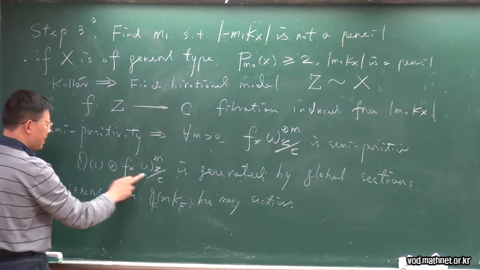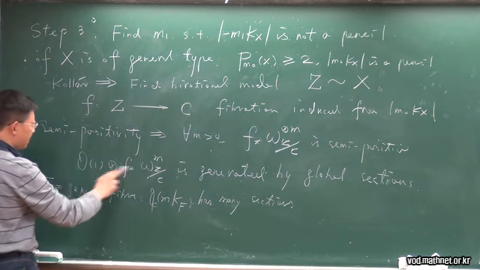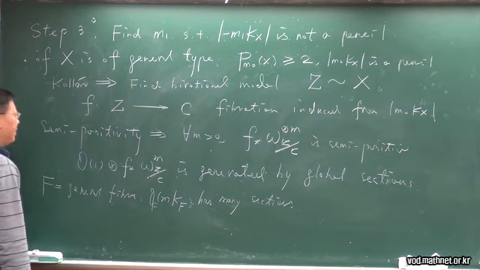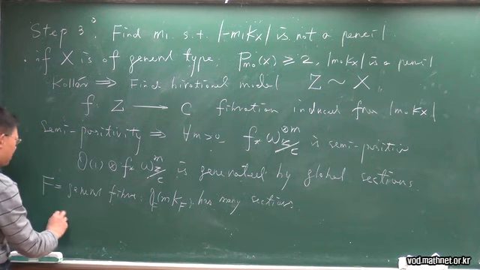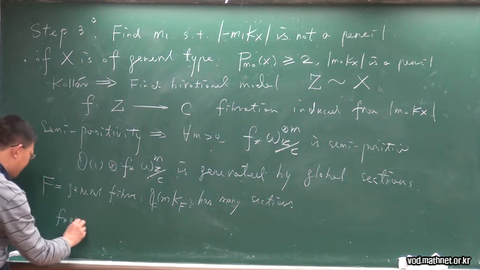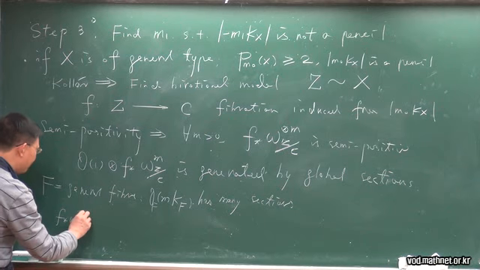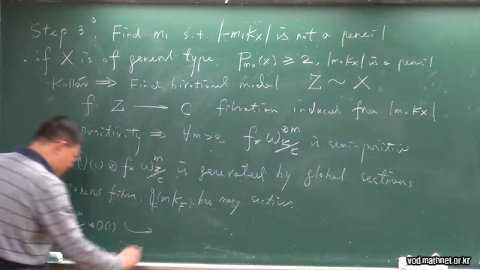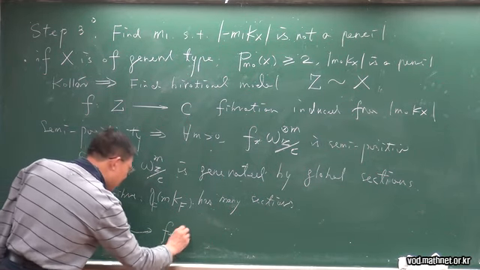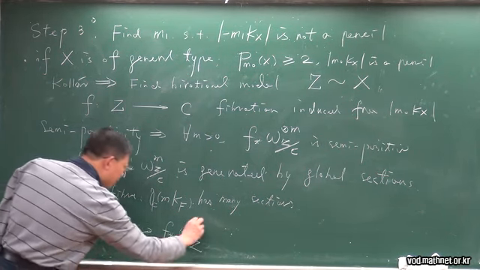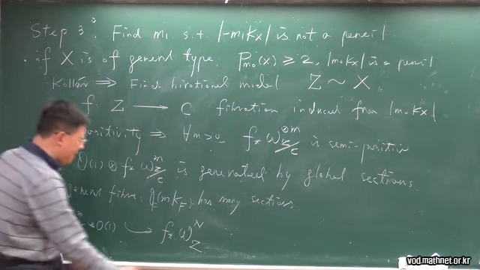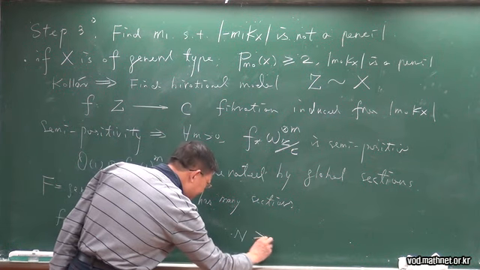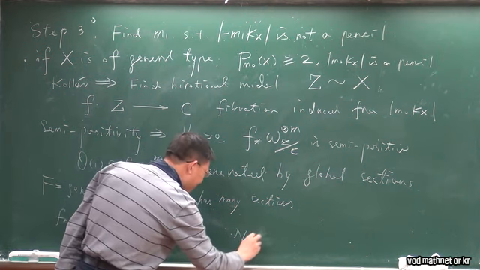But this sheaf is smaller than f lower star omega Z over C to the m tensor O1. This is exactly a subsheaf of f lower star omega Z to some number n. Here you can do some explicit calculation.